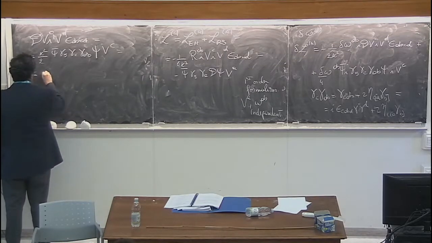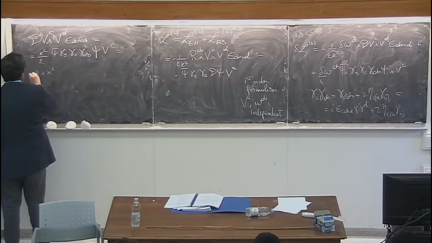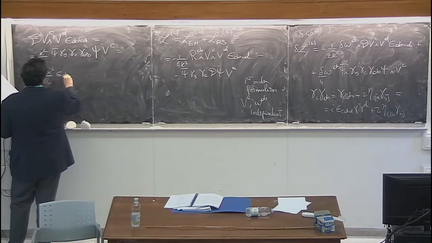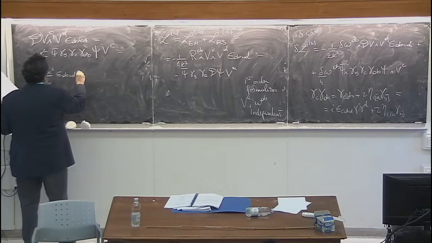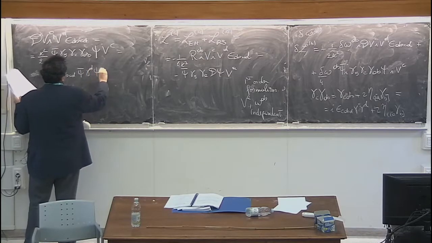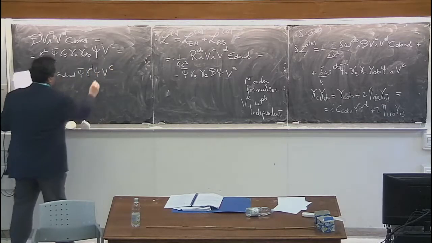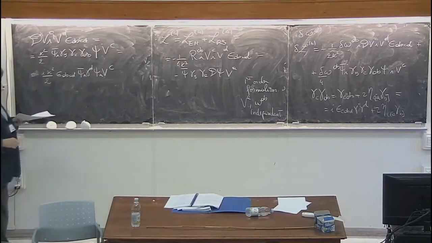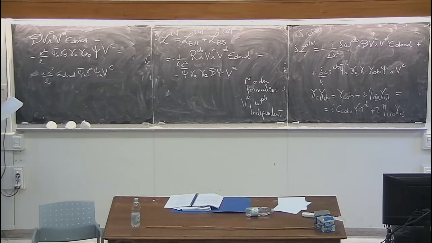Then what happens here is that I get i kappa squared divided by 2, epsilon_ABCD psi bar gamma^D psi V^C wedge wedge wedge.